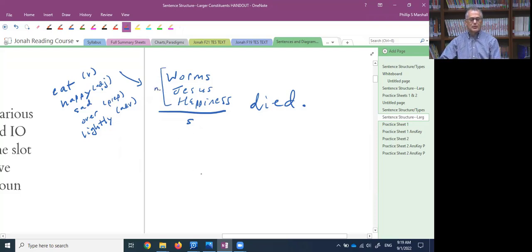In other words, thinking in terms of just English grammar, only nouns can fill this slot as a general rule. Or if not nouns, things that behave like nouns, noun-like things.